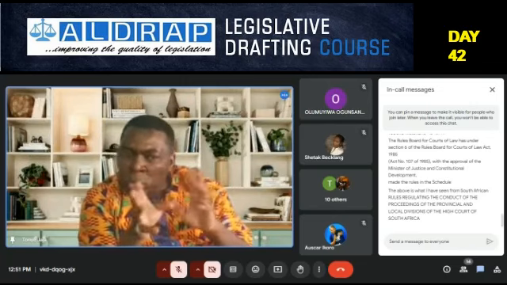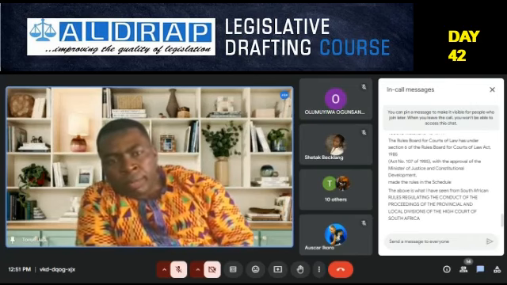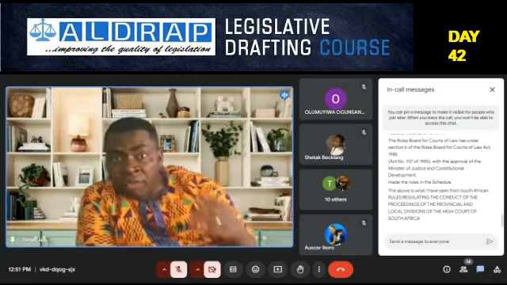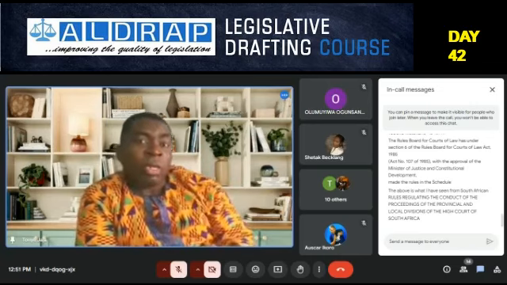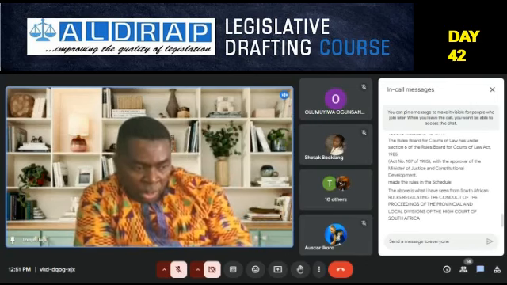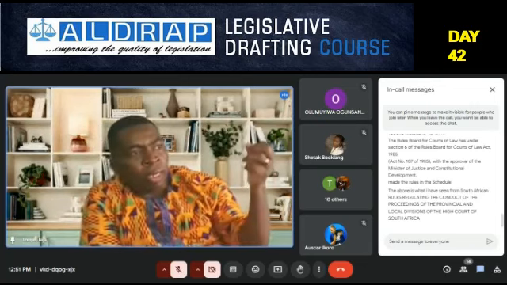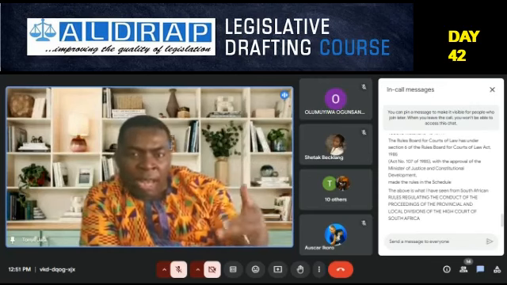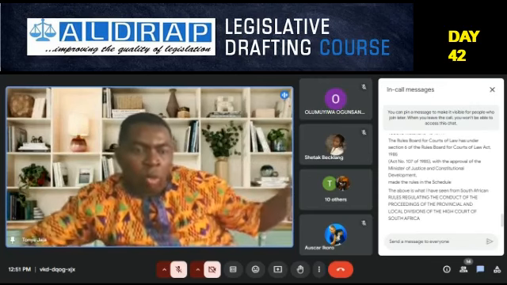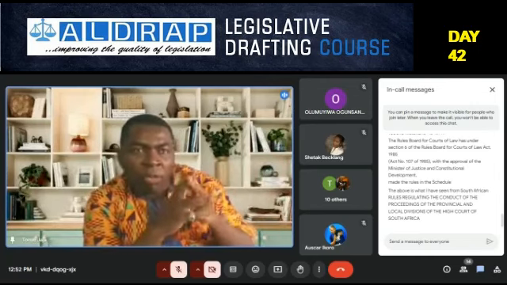So those are the two ways of dealing with definitions. And remember, in drafting, we have conventions. If you leave these two ways, you cannot. So what Plateau State is doing is strange. For these rules to say "so and so shall have the meaning to include" is like having two forms of definition.